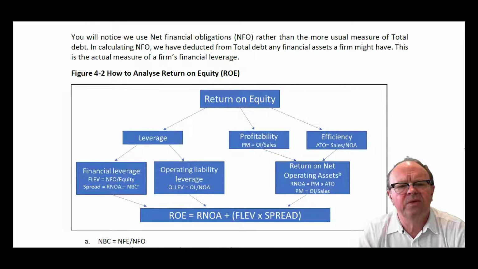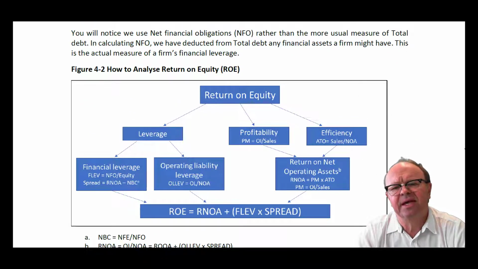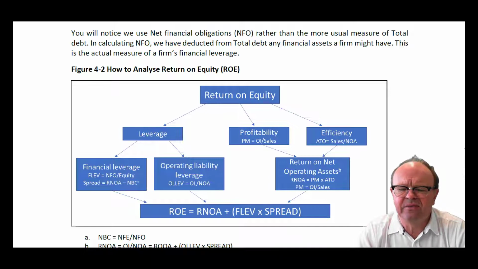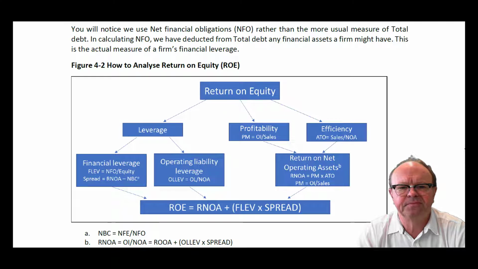You will notice we use net financial obligations, NFO, rather than the more usual measure of total debt. In calculating net financial obligations, we have deducted from total debt any financial assets a firm might have. This is the actual measure of a firm's financial leverage.